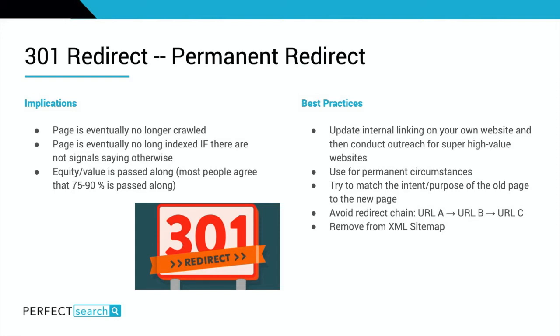The reason for doing this is, by having a page that's going somewhere else, but also present in the XML sitemap, you're sending contradictory signals to search engines about the value of that page. So make sure that within the XML sitemap, there are only 200 status or OK pages.